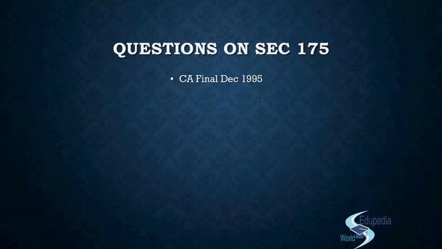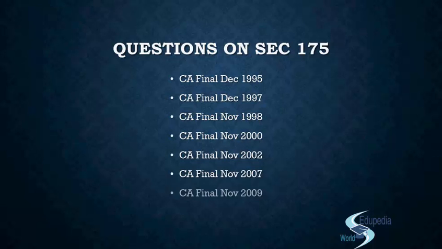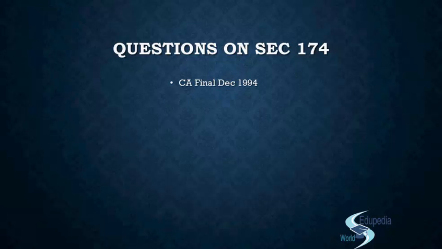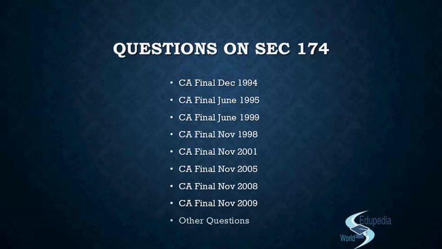And if we see the questions for section 175, then you had the question in 1995, 97, 98, 2000, 2002, 2007 and again 2009. So for these two sections, you have had a lot of questions in your examination, but those questions appeared long before 2009.